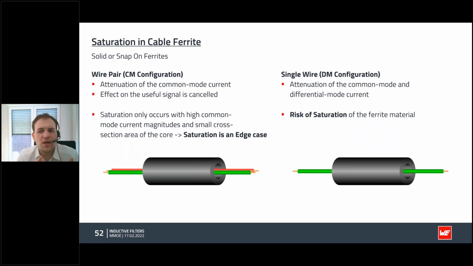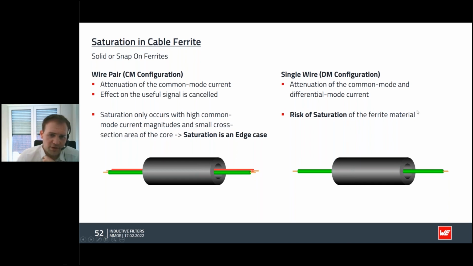To fight this behavior, we have introduced the Star Gap series, which is a snap-on ferrite with a defined air gap. And this defined air gap will lead to a higher saturation current for this cable ferrite.